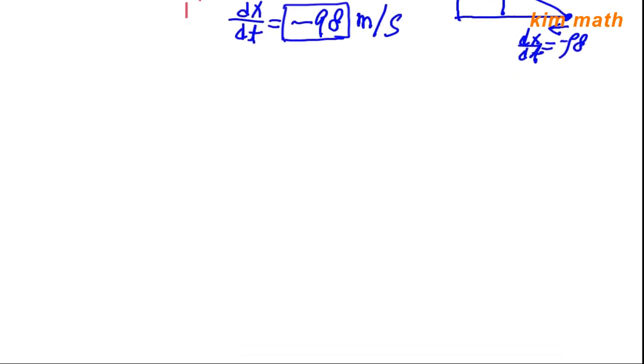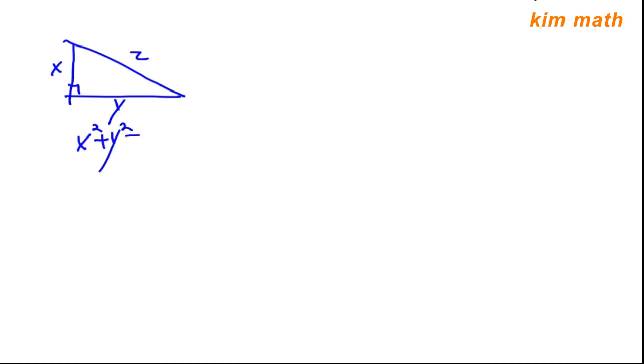Okay, let me summarize one more time. We may have many different shapes. For example, if this is a situation where x, y, and z are all variables, then we can make x squared plus y squared equals z squared.